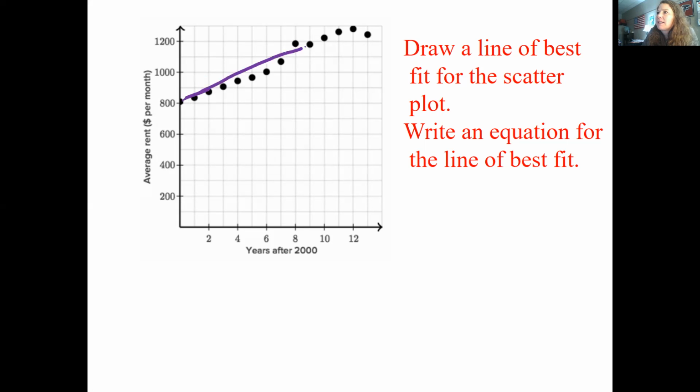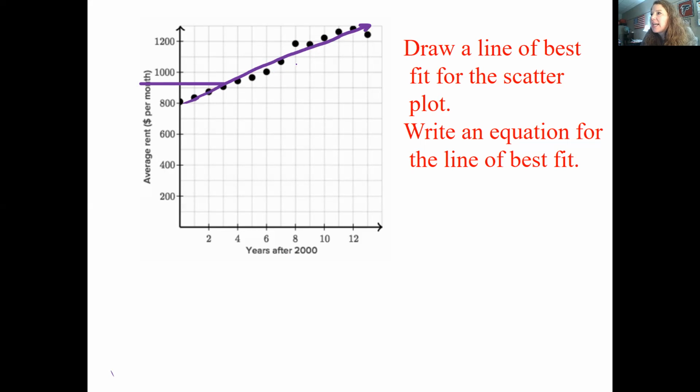Now, obviously you guys are looking at a computer screen, but if there's any way for you to actually draw it, it's easier for you to write the line of best fit.